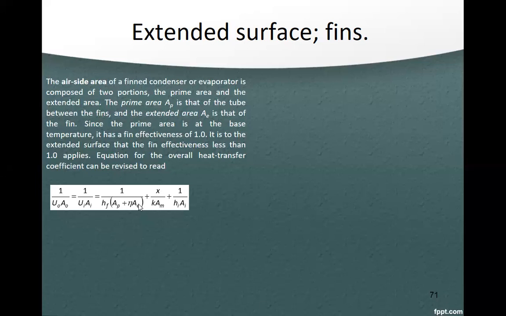Kaya kailangan mo yung fin spacing. Makikita mo doon yung thickness, yung sa tubo, makikita mo yung spacing niya, hindi center to center, kundi wall to wall sa fins, doon mo makukuha yung prime area. Okay? So, mahaba to sa heat transfer.